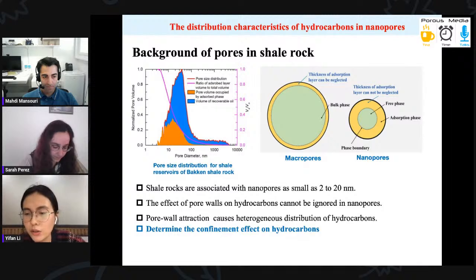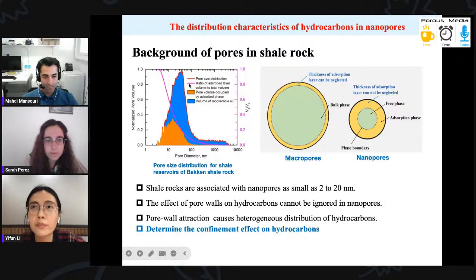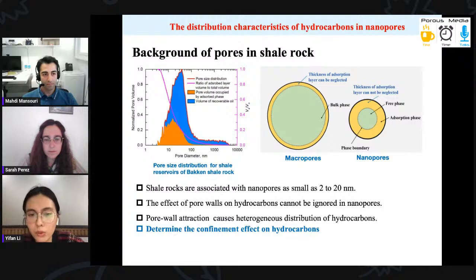From this curve, we see the distribution of the pore size is heterogeneous, right? There are abundant pores ranging from 2 to 20 nanometers. According to some literature that I have read, if the pore to molecule size ratio is lower than 20, the thermal, physical and dynamic properties of a confined fluid might deviate considerably from the bulk phase, right?